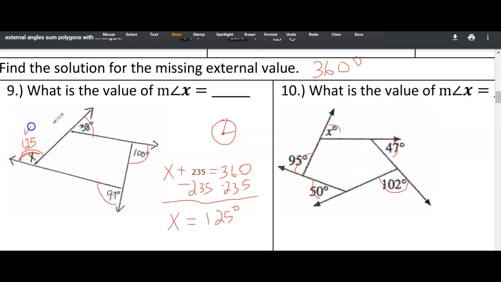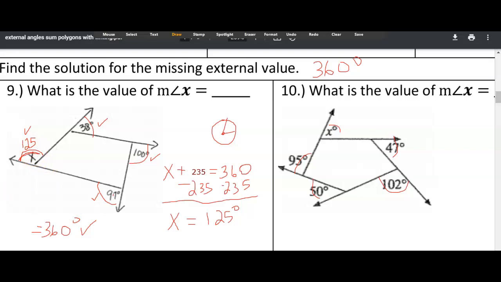If I add up 125 plus 138 plus 100 plus 97, that should all equal 360 degrees. Go ahead and check. The sum of the exterior angles of any convex polygon is going to give you 360 degrees all the time. So add those up and double check.